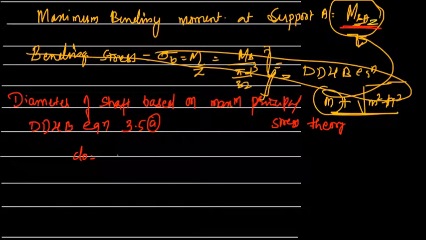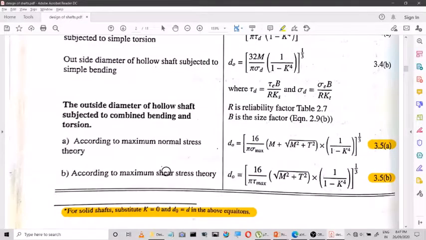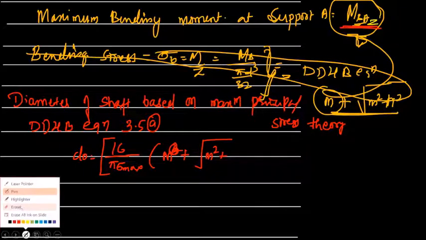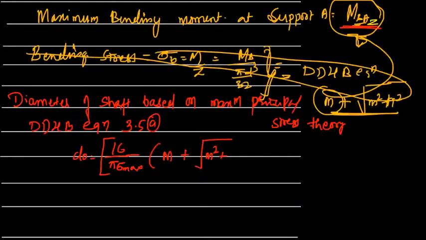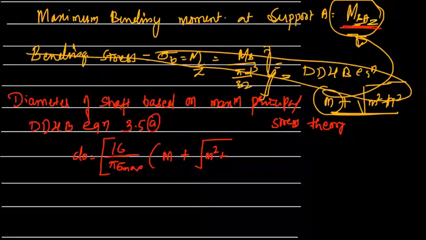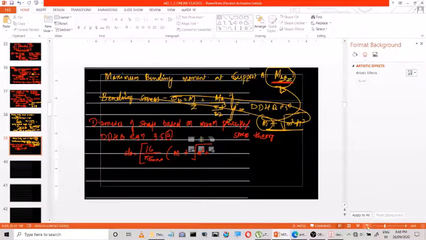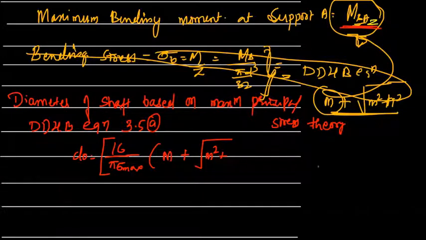So d naught equal to 16 divided by pi sigma max, in brackets, M plus square root of M square plus T square. Sorry, this is only M. Bracket close.